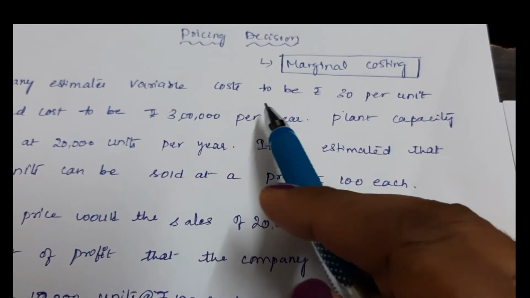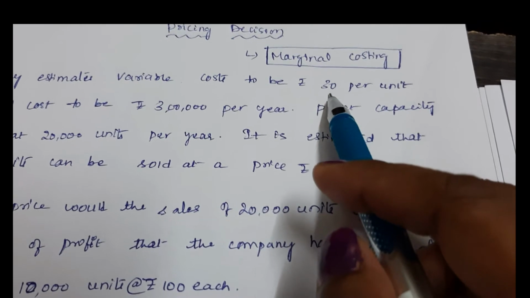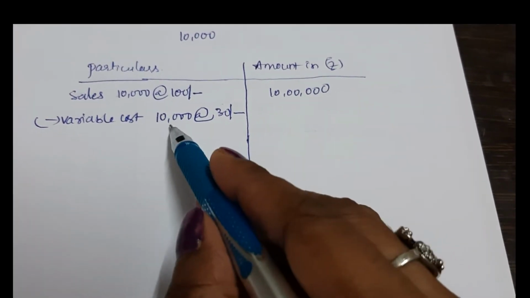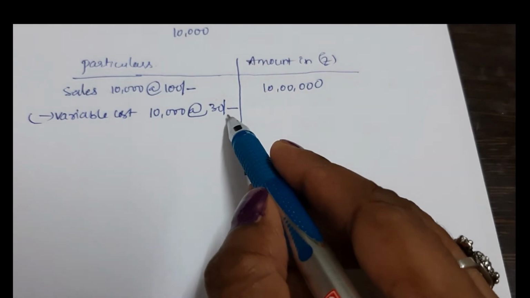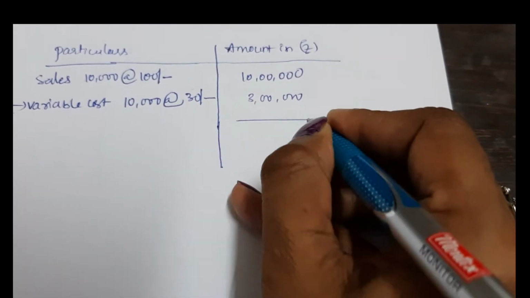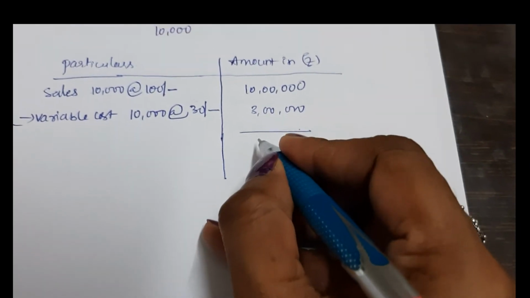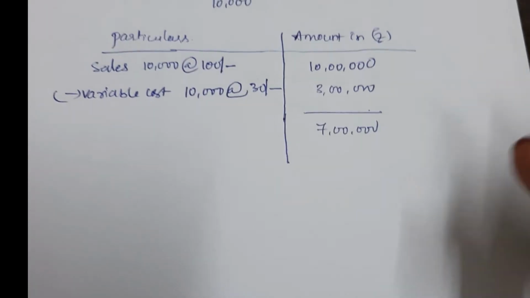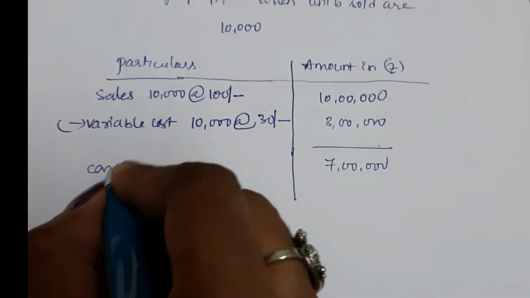As the variable cost given in the sum is rupees 30 per unit, we should take 30 here, 10,000 into 30 rupees. So we will get 3 lakhs. Sales minus variable cost, we will get 10 lakhs minus 3 lakhs, we will get 7 lakhs. Which is known as contribution.